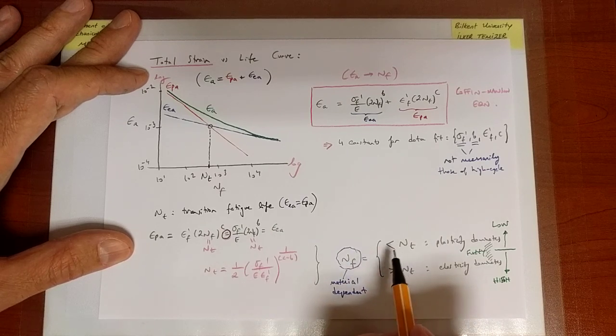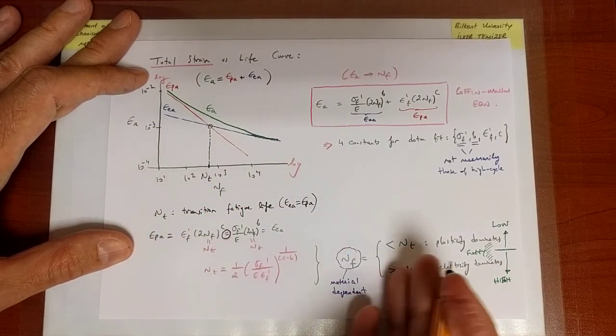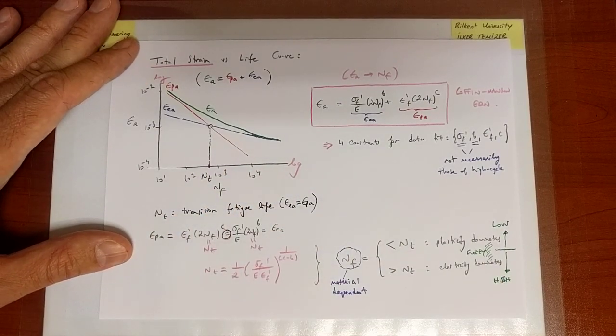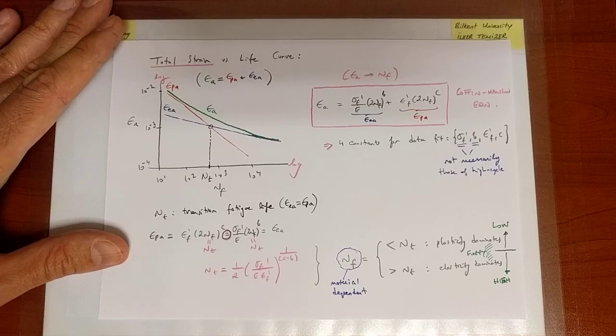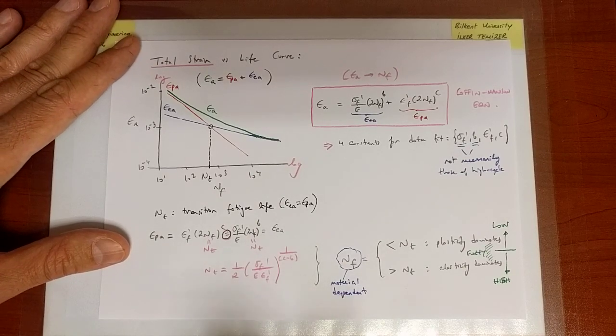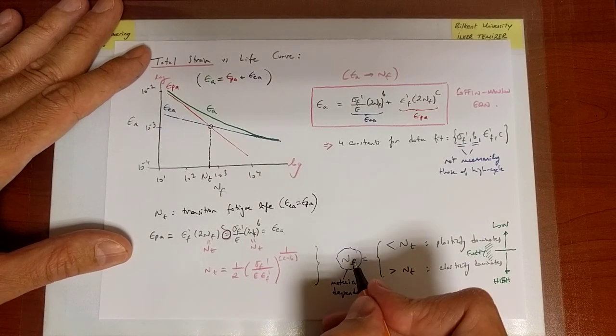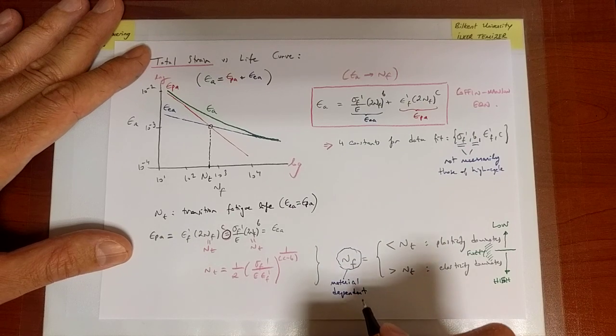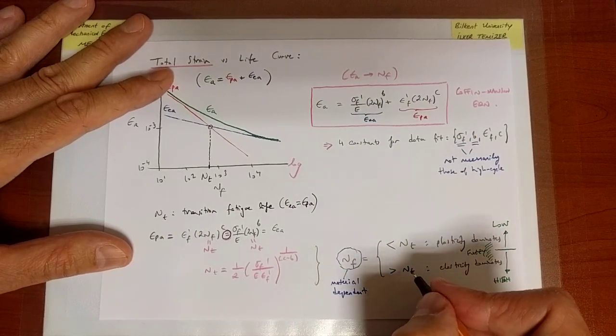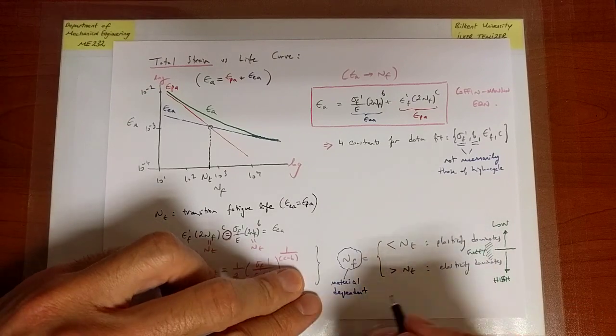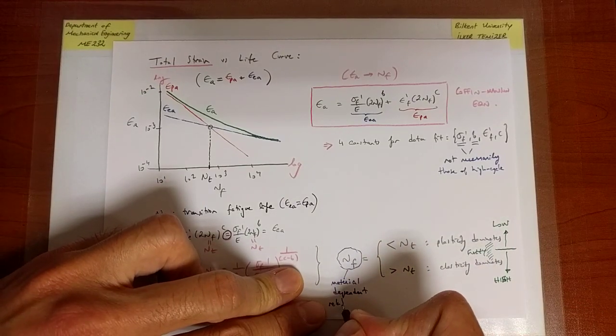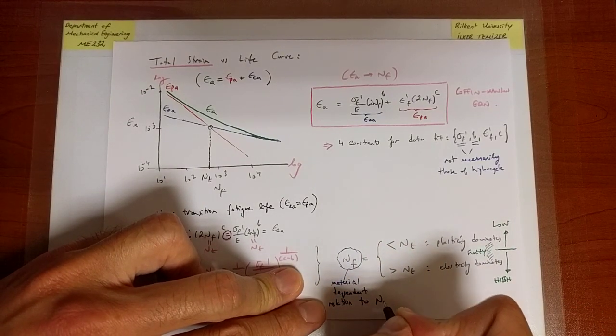So NF of 10^5 might be larger than NT, but perhaps not large enough, so there are still plasticity effects, or vice versa. So we have a number, sorry, this is not NF ultimately, it's NT, a material-dependent relation.